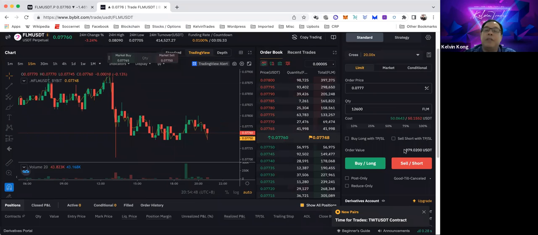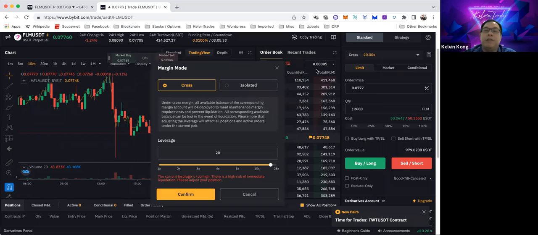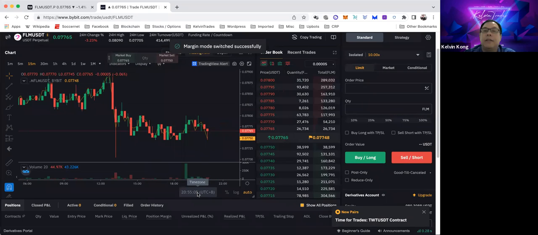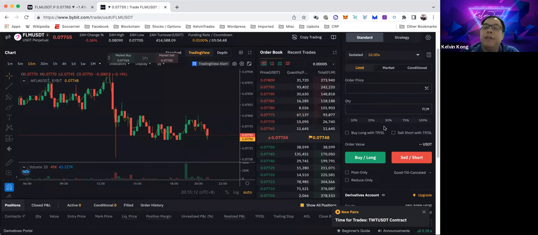But my position size is still the same. One more thing is remember to click isolated. Always choose isolated. So let's stick with 10x leverage lah.